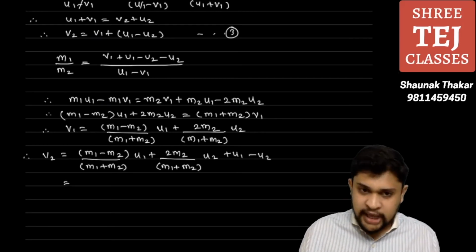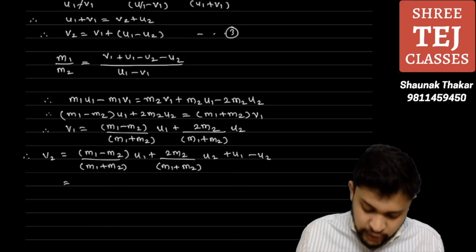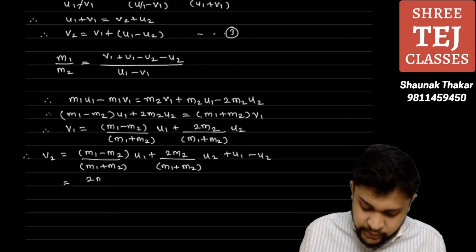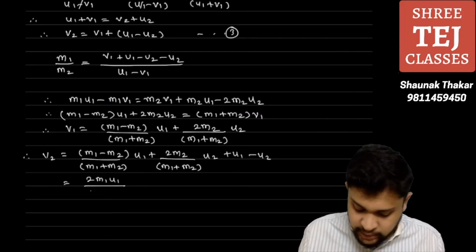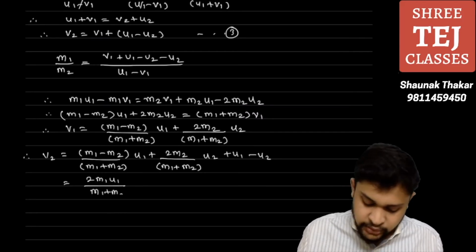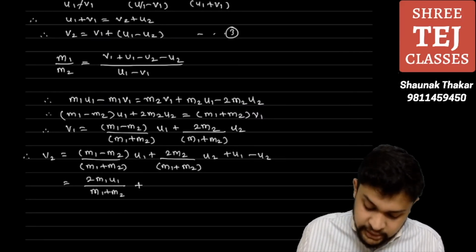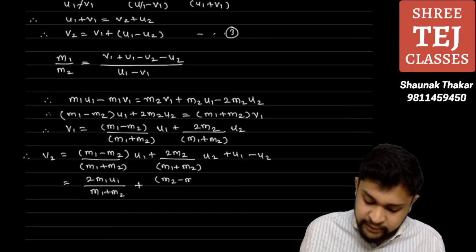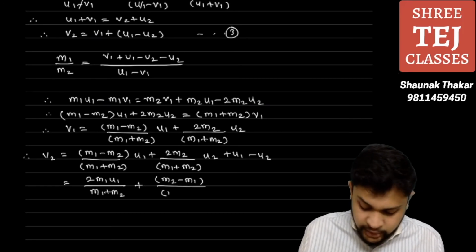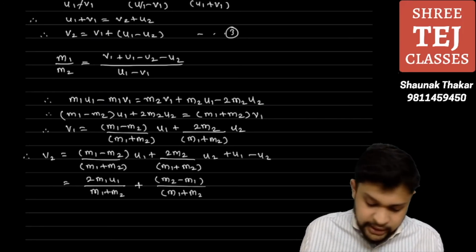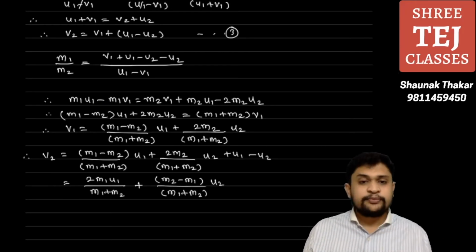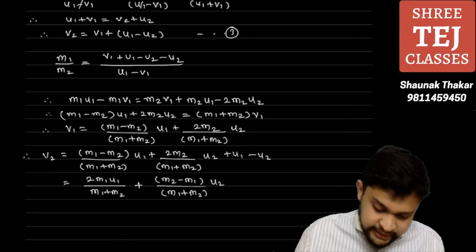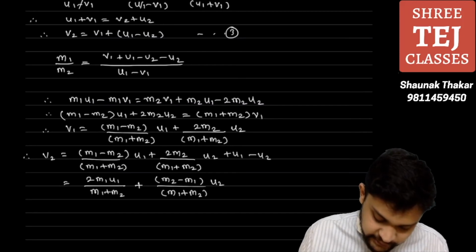Therefore, after simplifying, we will obtain 2m1u1/(m1 + m2) + (m2 − m1)/(m1 + m2) × u2.